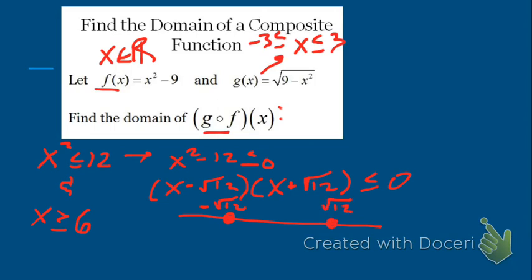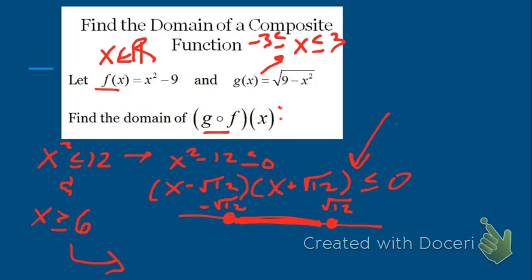After testing points, we get that, well, if you plug in 0, you'll get a negative. So all these numbers between negative root 12 and root 12 would be a solution to just this first inequality, x squared is less than or equal to 12. Anything greater than root 12 or less than negative root 12 won't be a solution.